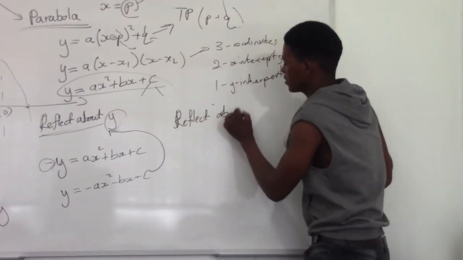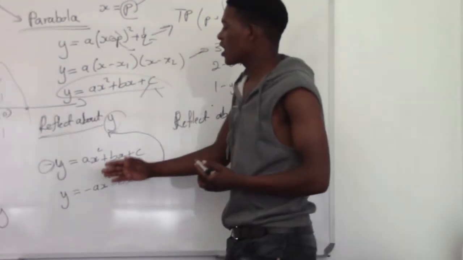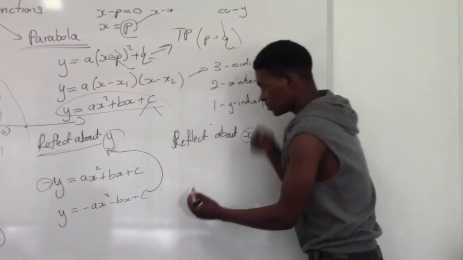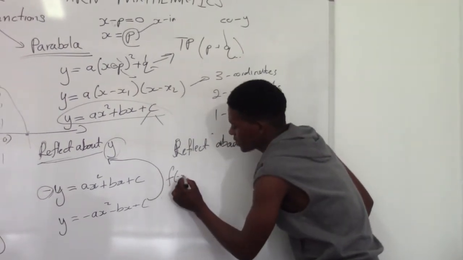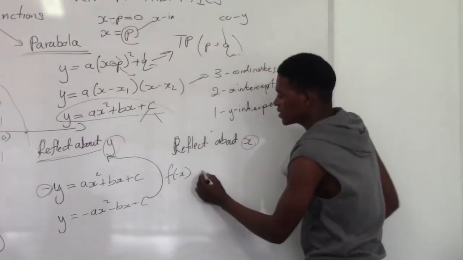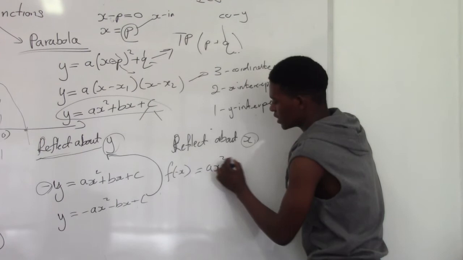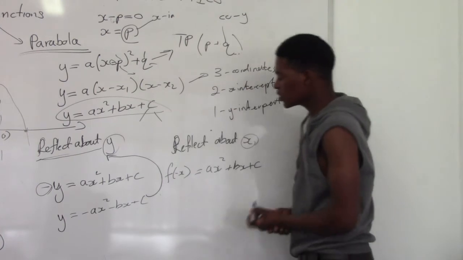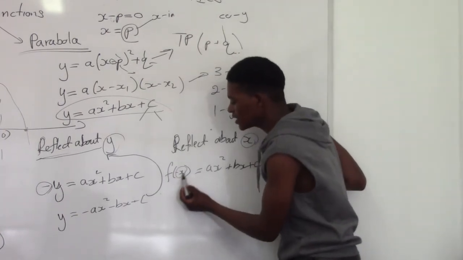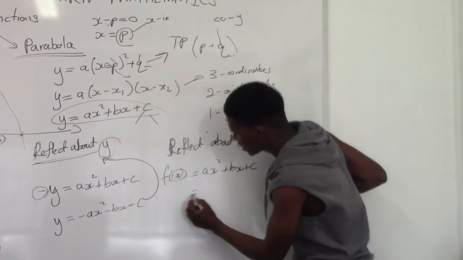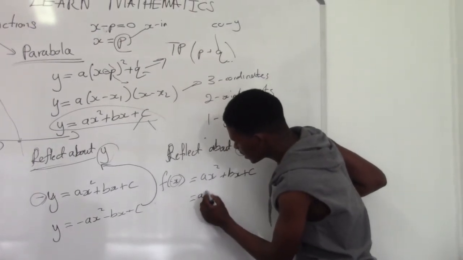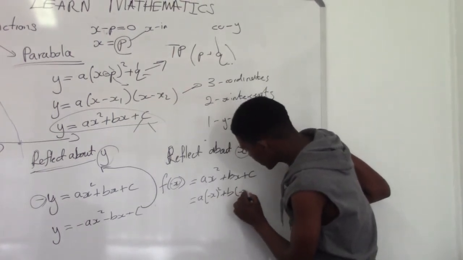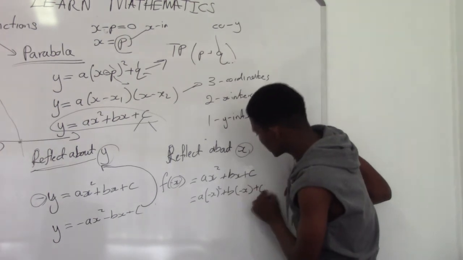So now, when I reflect about x, that means my x should be the one that is changing. So, excuse me, I will say f(-x) = ax² + bx + c. Since the only thing that is changing is my x, I will have a(-x)² + b(-x) + c.